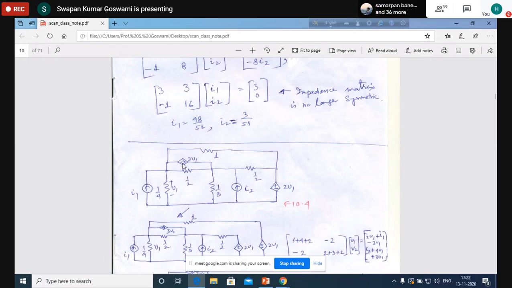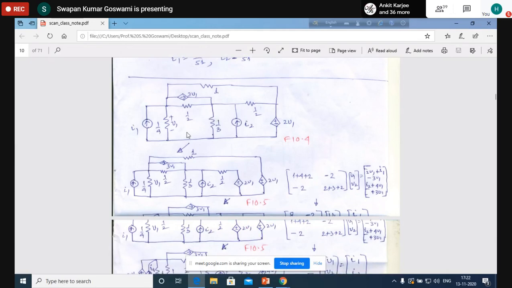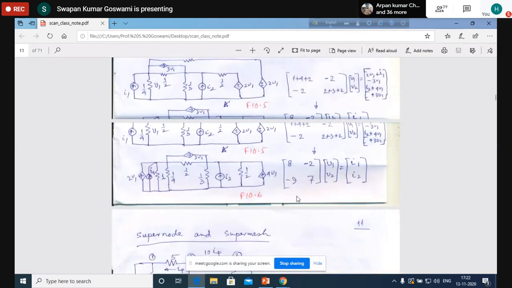So this current source is dependent upon this voltage, and this voltage source is dependent upon this voltage. Now again you can transform sources and write the loop equation. Ultimately, converting into current sources, we write the nodal equation, and finally you can obtain the final form, figure 10.6.